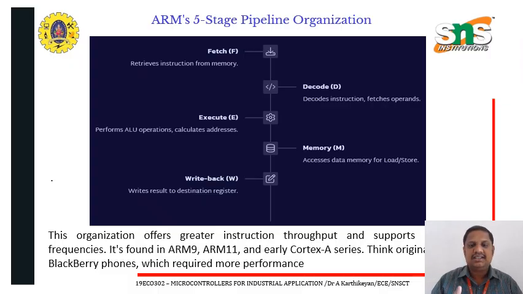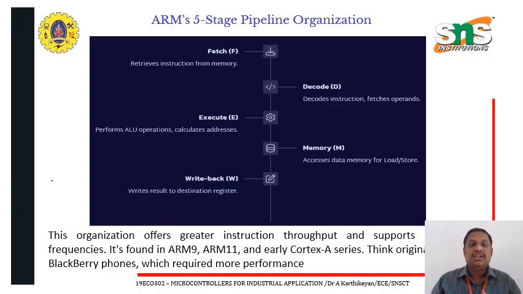In addition, memory is for access of data, load or store information, as we saw in the previous topic. We can load, share or store information using this memory. And the final fifth stage is write back. That is writing the result to the destination register, where we store what we executed.